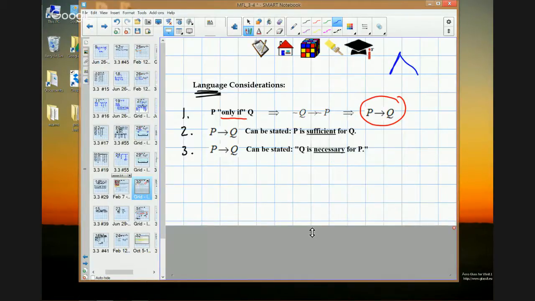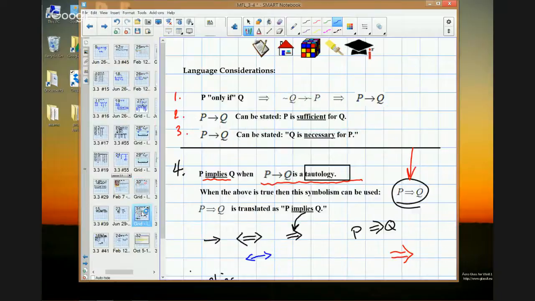Any follow-up question there? How do you apply this? What I just gave you some examples of that. You're going to get sentences that will have words like sufficient and necessary in them, and you can actually turn them into if-then statements.